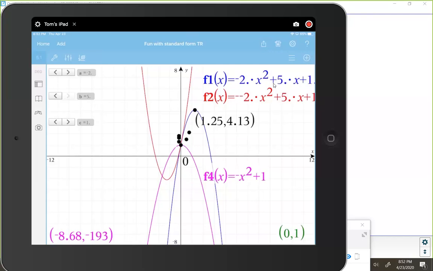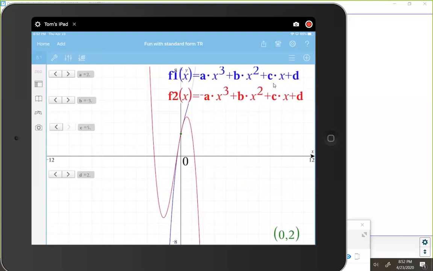It's really cool. While we're here, I decided to extend this. I thought, what if we went to a cubic? I don't have a whole lot to say, and this is on quadratics, and I'm not supposed to do cubics, but bear with me here. Look what happens here. They are tangent to each other.